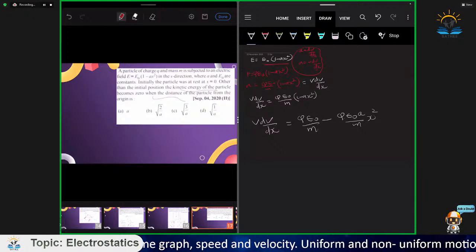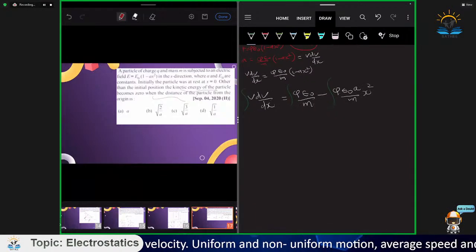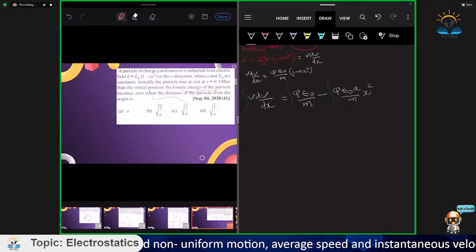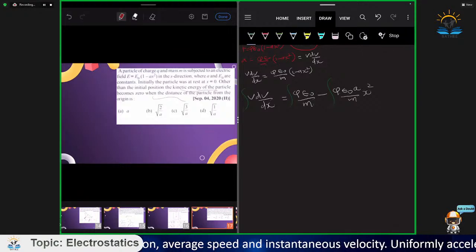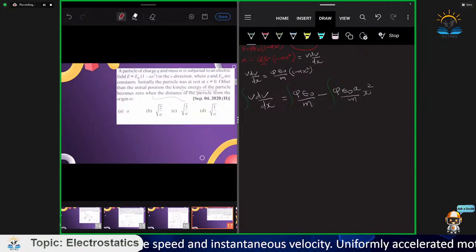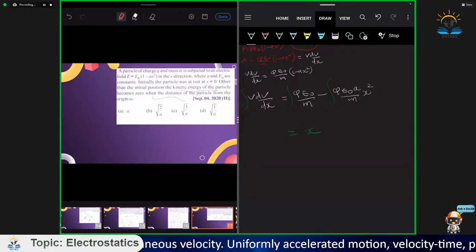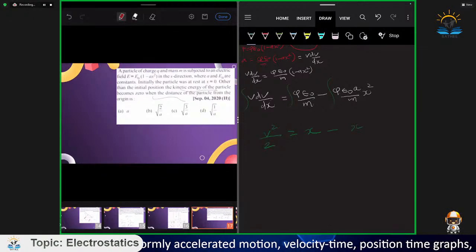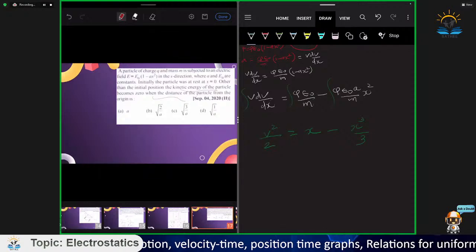Integrating, we get V square by 2 equals x minus A into x cube by 3. Easy.